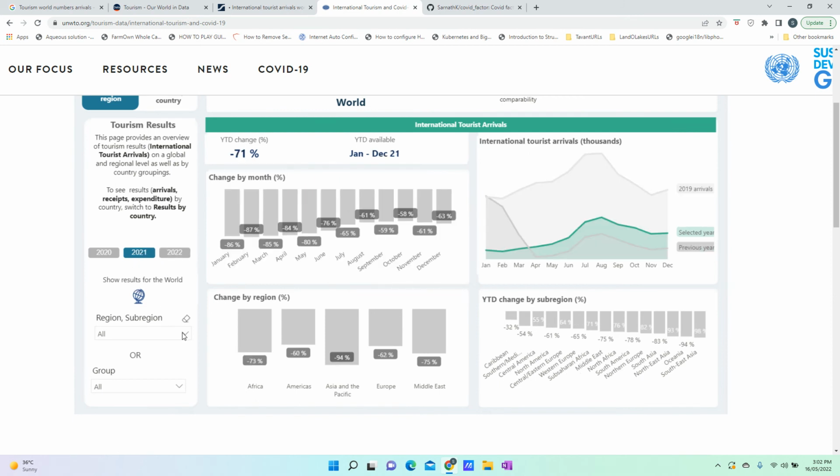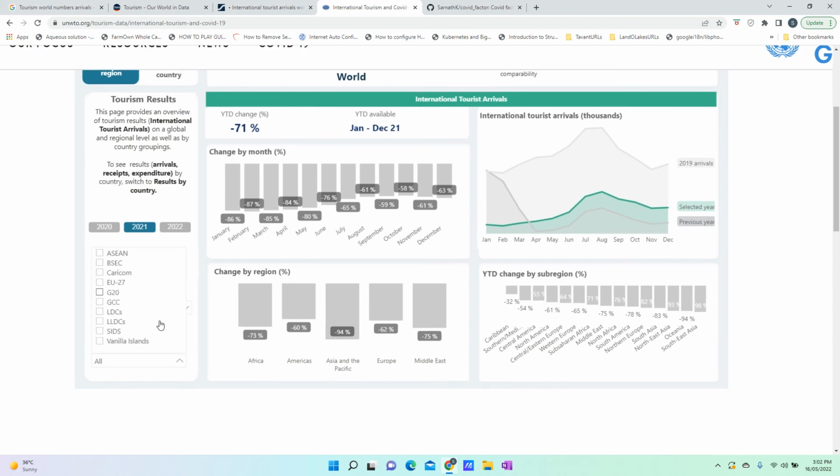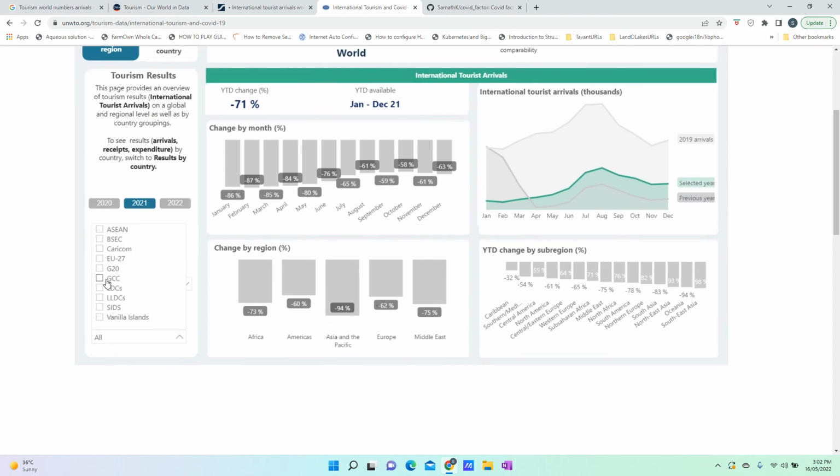You can also go by region or sub-regions in this case, right? Like North Africa, the Americas, and you can go a little bit deeper. If you pick Asia, you can still go to Northeast Asia, Oceania. Okay, all that is good. Or you can also do a grouping here, like GCC countries, ASEAN countries, like that. So I think it's pretty good actually. So we can use this.